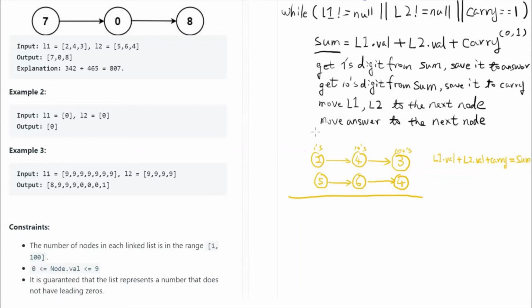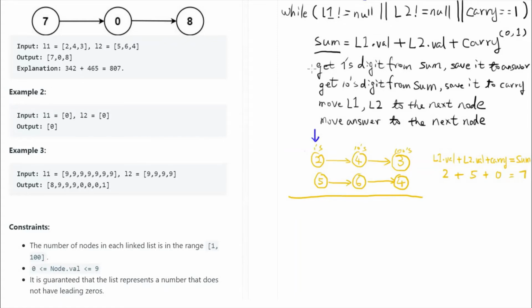In the beginning of the while loop, it's pointing to the node from the left side. So here the value for the list number 1 is 2, and the value for the list number 2 is 5. The value for the carry is 0. And it gives you the sum 7.